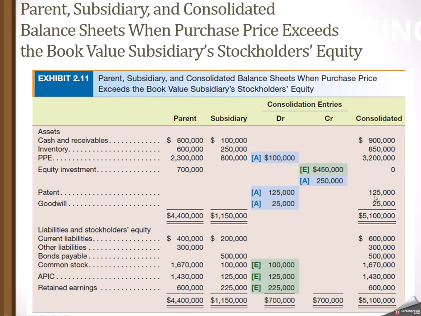We are recording in the new patent and the goodwill from the purchase. We are eliminating the common stock, paid-in capital, and retained earnings of the subsidiary company so that what is left on our consolidated balance sheet is just the parent. So again, study this and get comfortable with it, because it is the basis of all of the future entries that we will make.